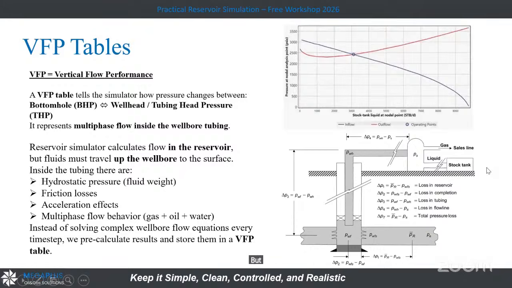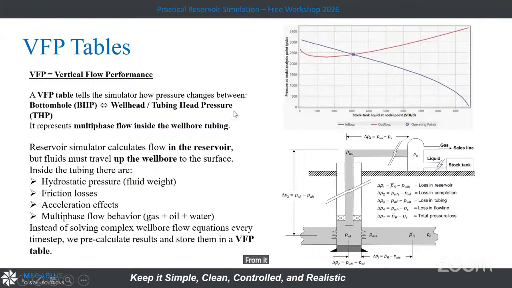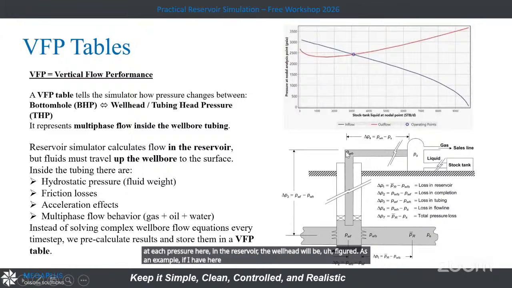But what I'm concerned with in reservoir simulation is the vertical lift performance, VLP, or the vertical flow performance. I have to put in a schedule so that at each pressure in the reservoir, the wellhead pressure will be figured out. As an example, if I have 3,000 here, the surface will be 3,500 in case of gas.